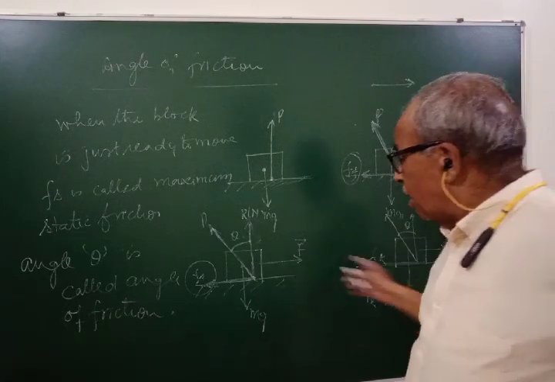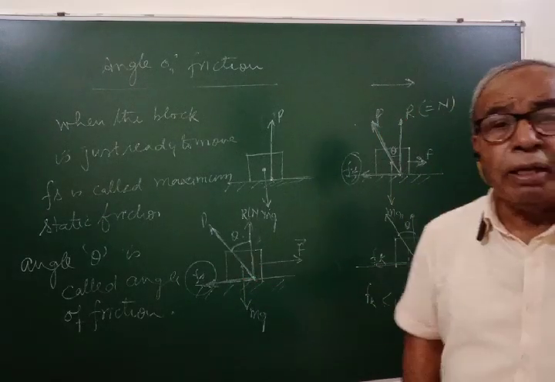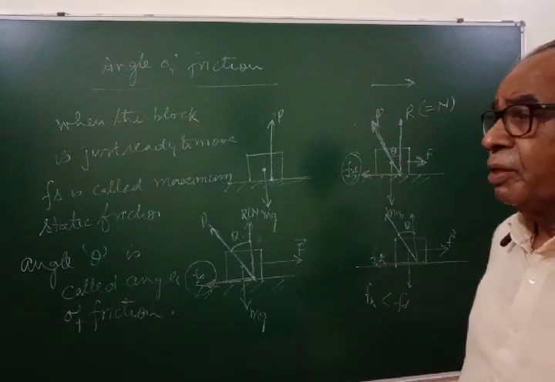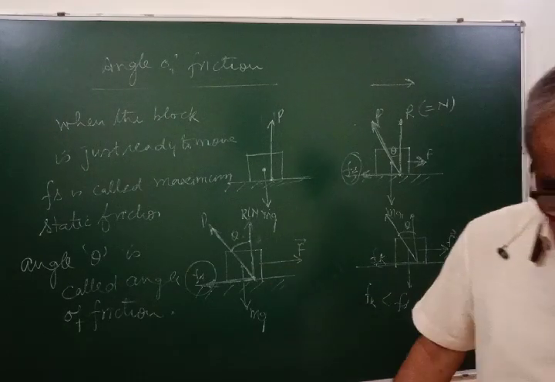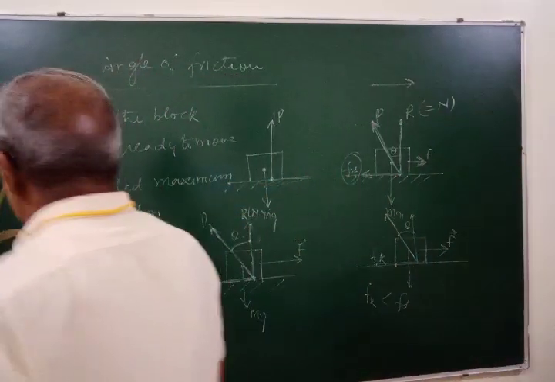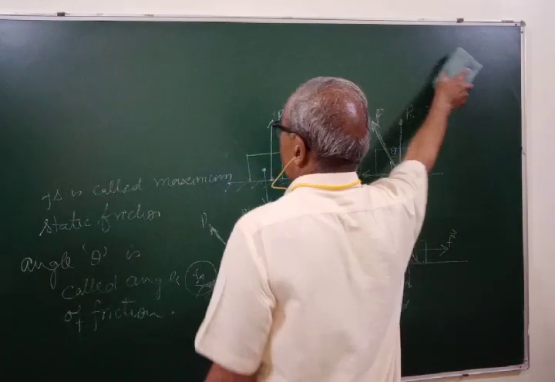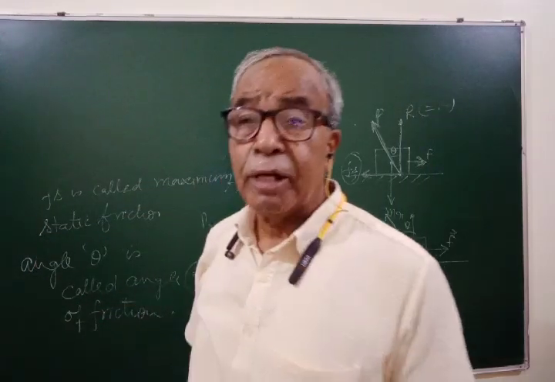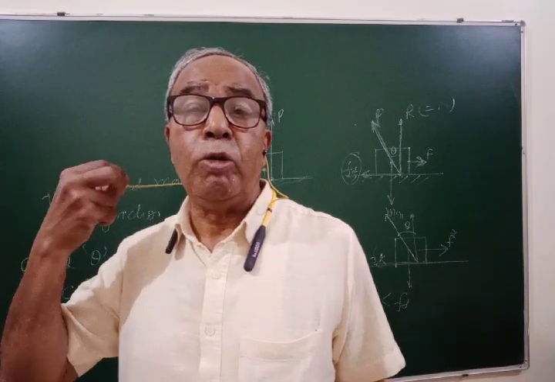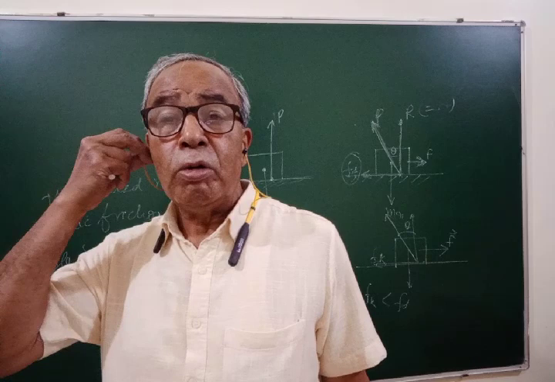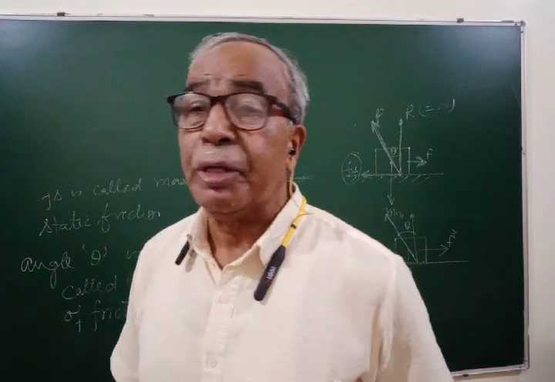And further, if it starts moving, then friction between block and surface becomes kinetic friction, which will be less than our static friction, limiting value. It is very important to remember that the static force of friction varies from 0 to a certain maximum value. इसकी कोई constant value नहीं होती, maximum तो होती है, which is called limiting friction.